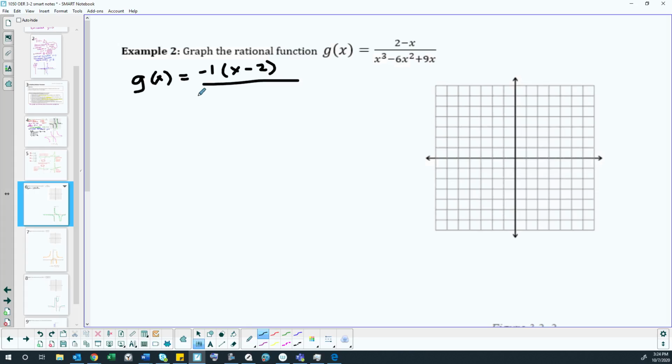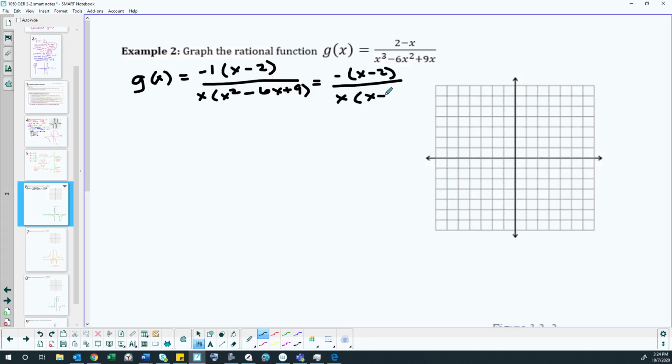And in the denominator, I can factor out an x from everything. That leaves me with x squared minus 6x plus 9, and that is a perfect square trinomial, which means this can be factored further. Turns out this negative isn't going to be so important, but I already took it out, so I'll just leave it.